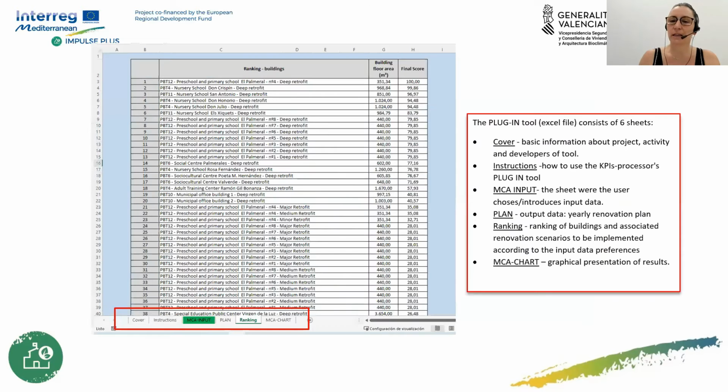In the following sheet, we can find the ranking of the buildings and associated renovation scenarios that can be implemented according to the input data preferences that the user has defined. When the user introduces the data and defines the weighting factors for the indicators, the tool automatically calculates the ranking of the buildings and the associated renovation scenarios to intervene.